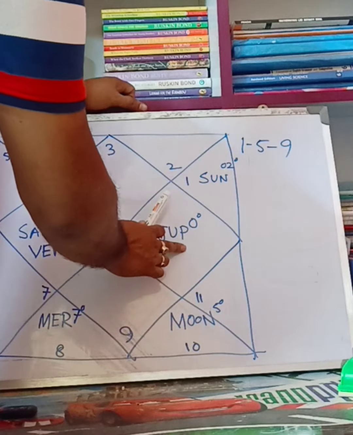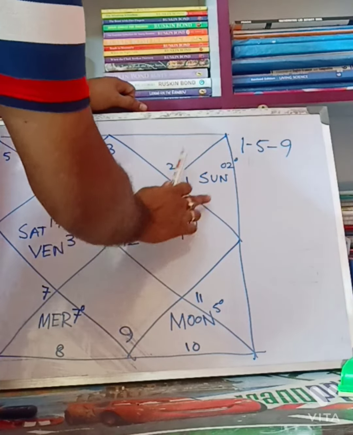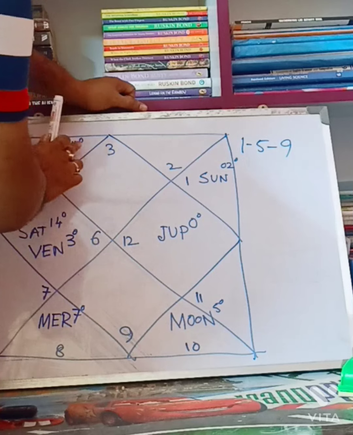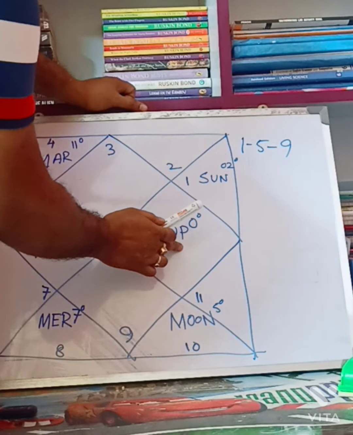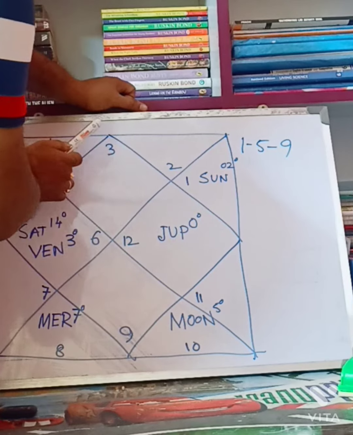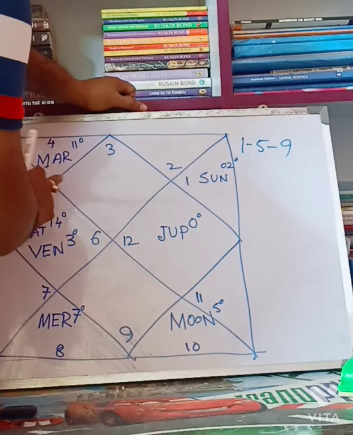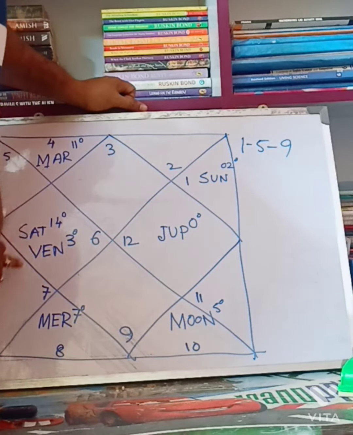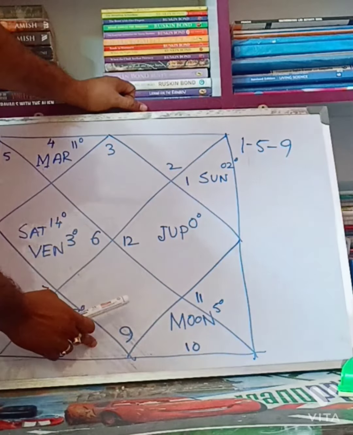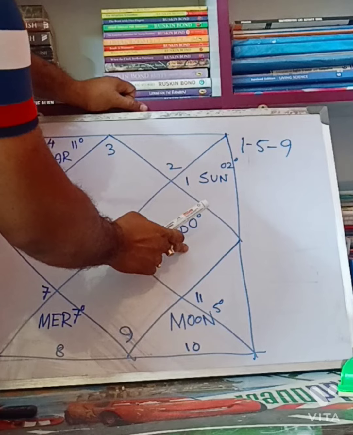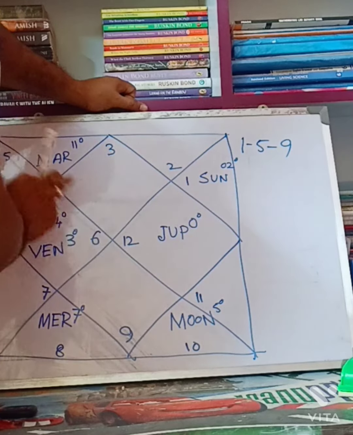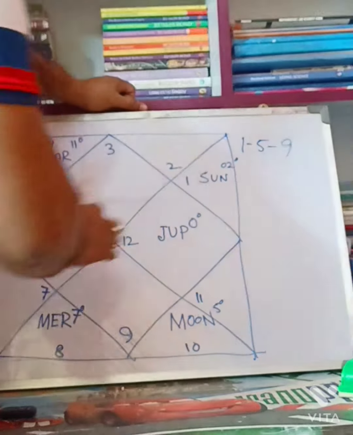Jupiter here 1, again 1, 2, 3, 4, 5. So there is a connection of Jupiter with Mars through the 1-5 connection, and again 6, 7, 8, 9. So 9 connection, Mercury. So Jupiter is making connection with Mars and Mercury through the 159 connection.